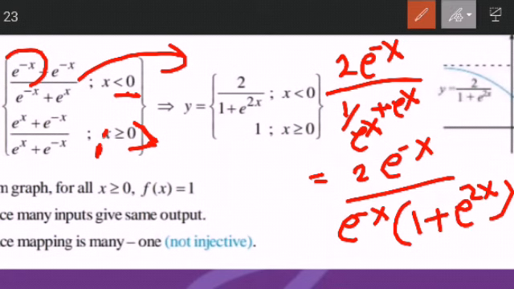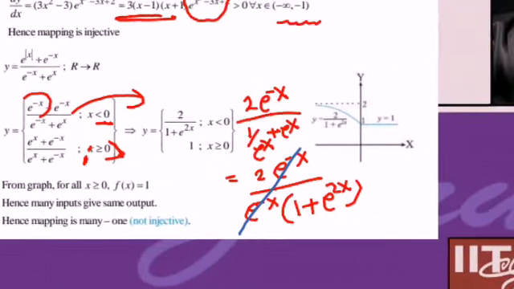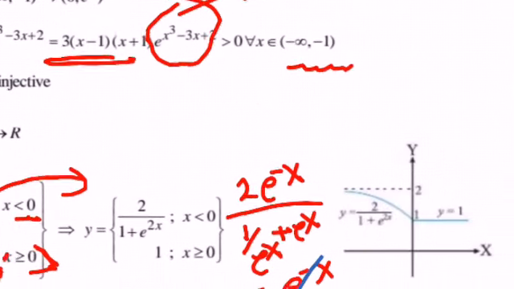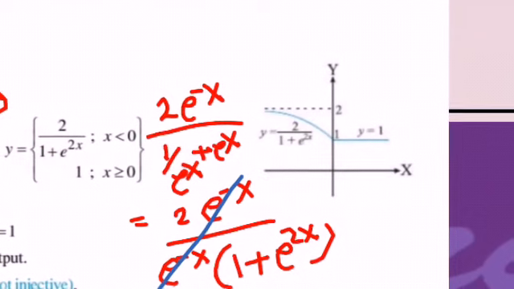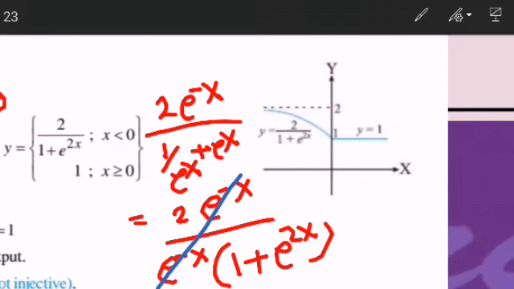So this term is retained over here, and we find 2 upon 1 plus e power 2x. So if you draw the graph of 2 upon 1 plus e power 2x, then what we conclude is this is the part for x negative. Later on we'll discuss more about this.